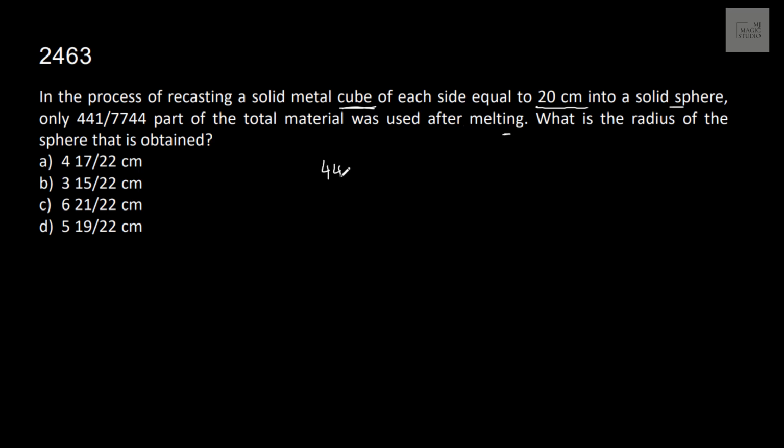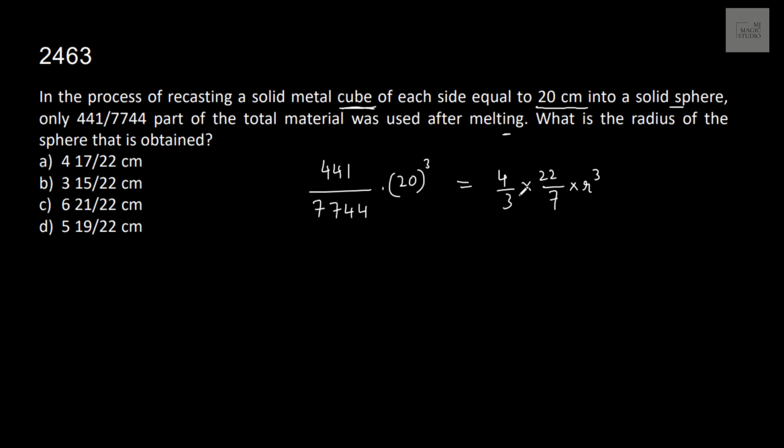That means 441 by 7744 of the volume of the cube is equal to the volume of the new solid sphere. Volume of sphere is 4 by 3 pi r cube. 4 by 3 pi is 22 by 7 into r cube. What is the radius of the sphere? We just need to solve this and find the value of r.